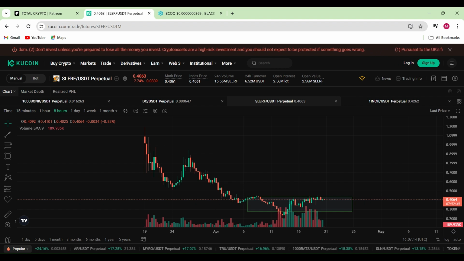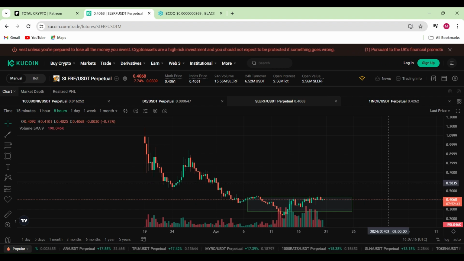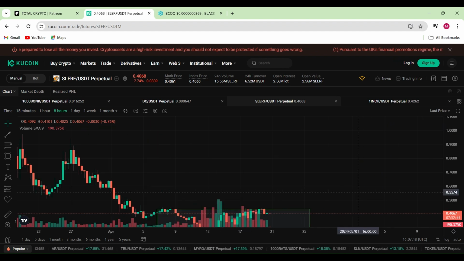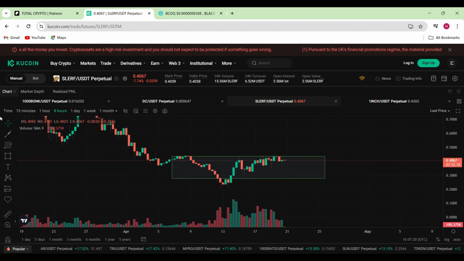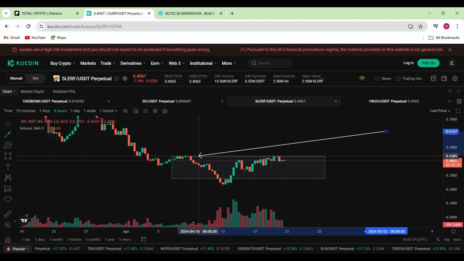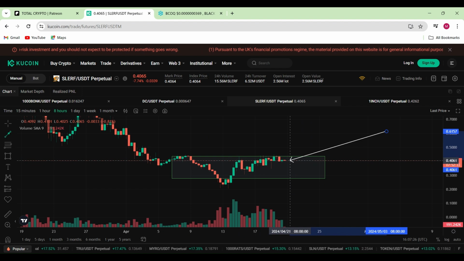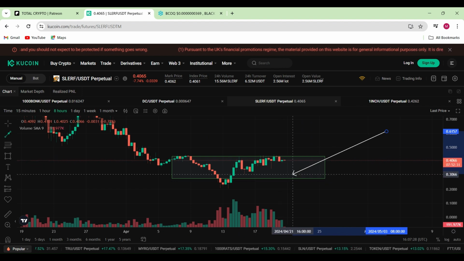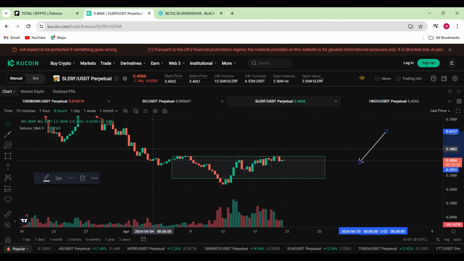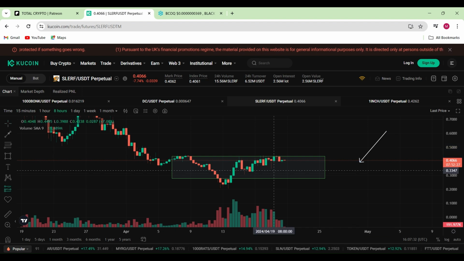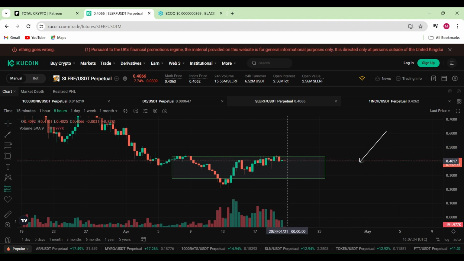Slerf is not looking too bad, but we still want to see a break up above this level right over here. If we do pull back in much further, which is absolutely fine, it's not the end of the world.